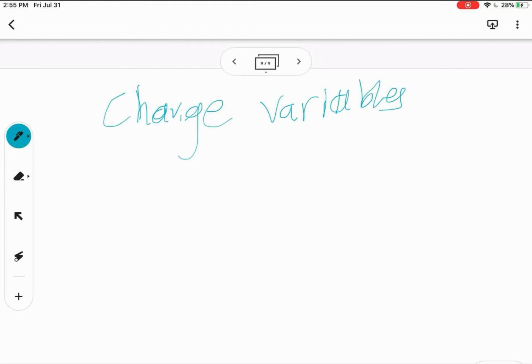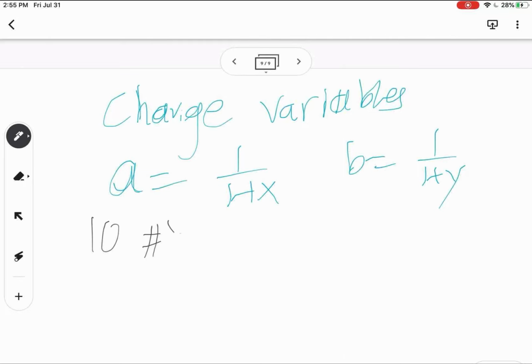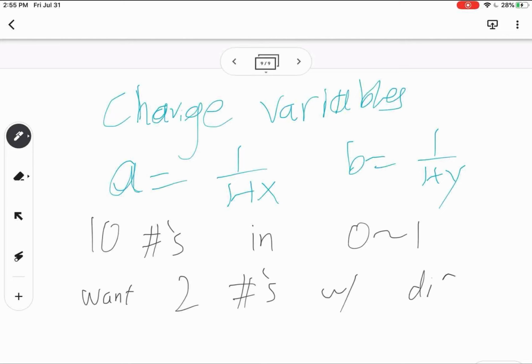So if we change all our variables, let's say a equals 1 over (1 plus x) and b equals 1 over (1 plus y), then we have 10 numbers in 0 to 1, and we want 2 numbers with difference less than 1 over 9.